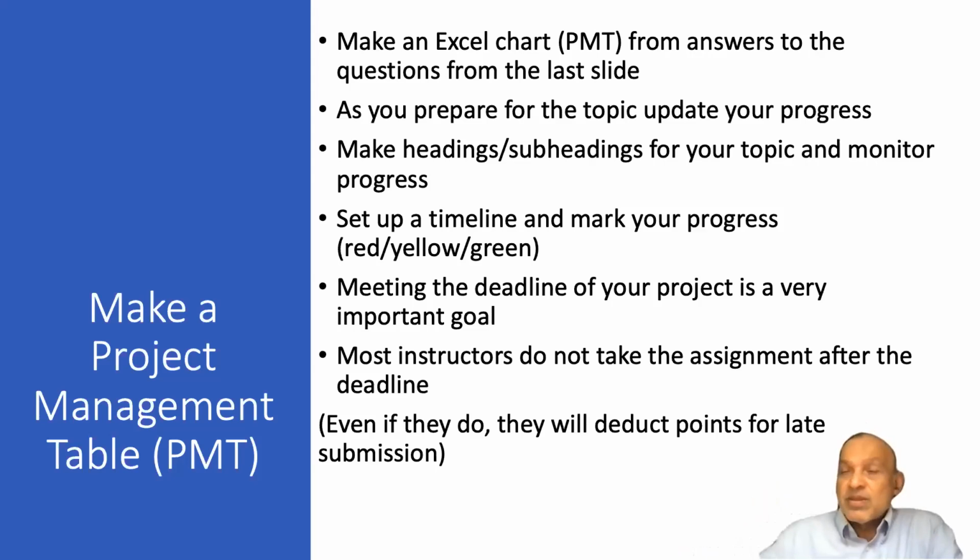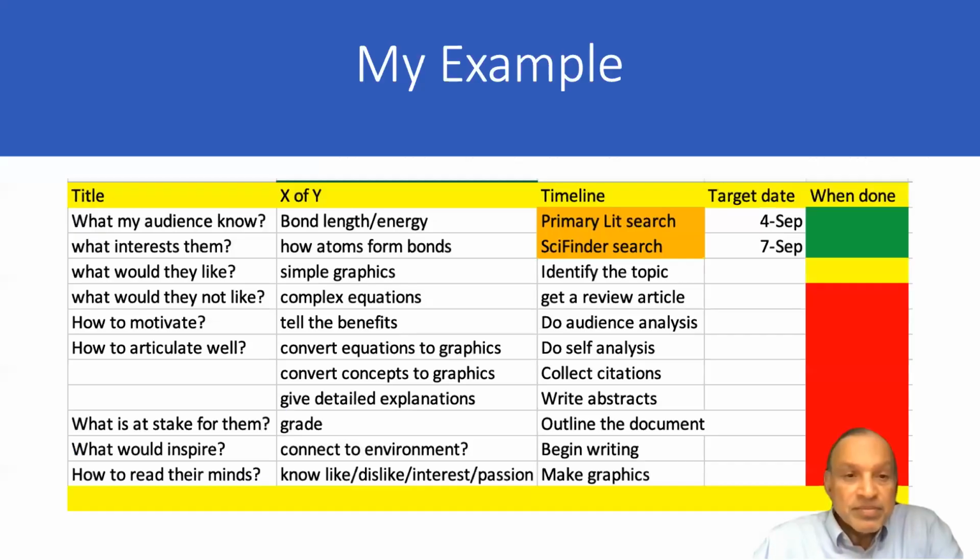And then the next step is building a project management table where you lay out all the things you need to do in written form, in text or graphic form. Okay. So here is an example I just put together quickly of a project management table.